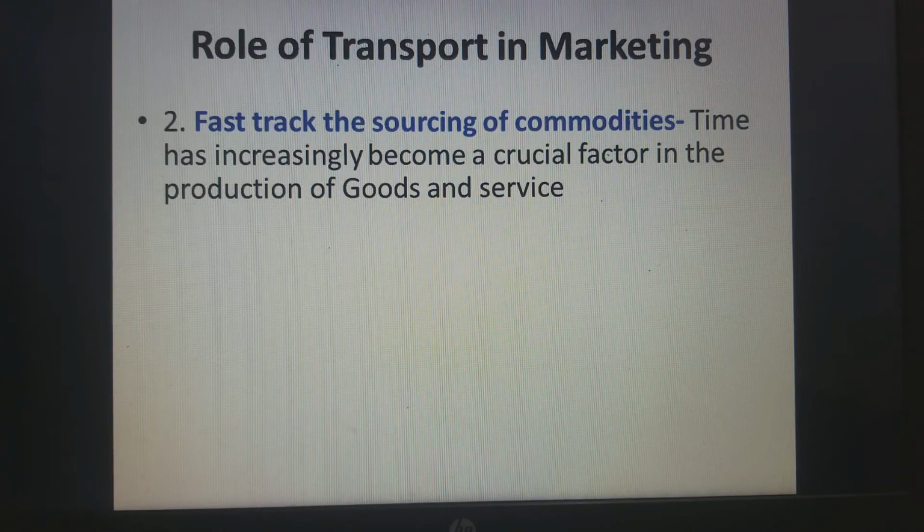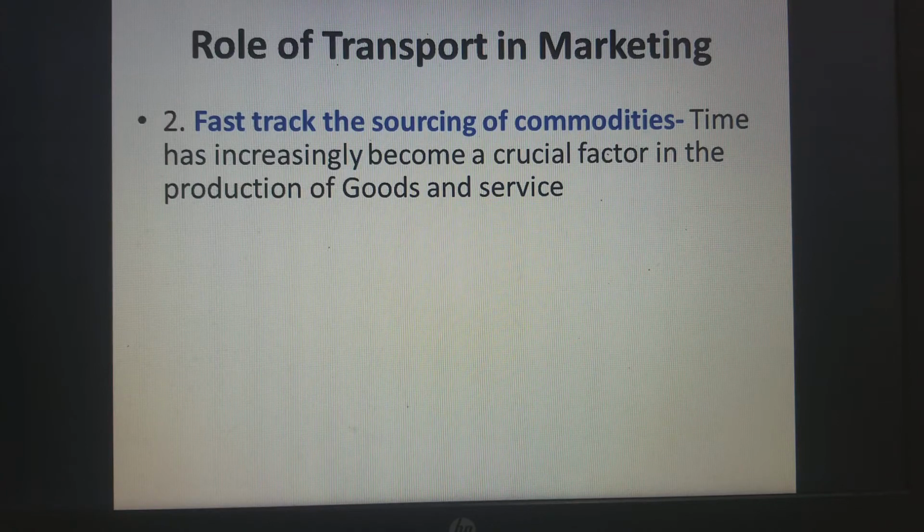Time has increasingly become a crucial factor in the production of goods and services. In other words, because there's a high demand, consumers and customers are not willing to wait for any long period of time as they used to, to access goods and services.